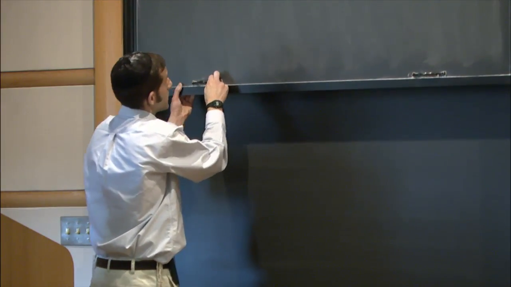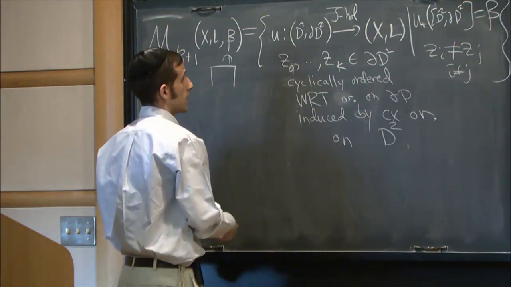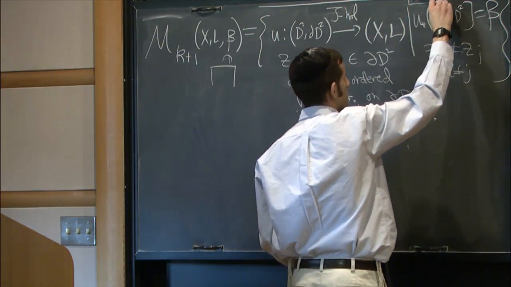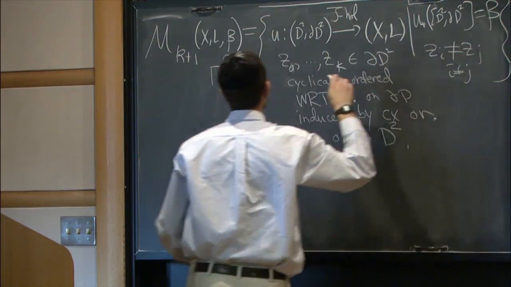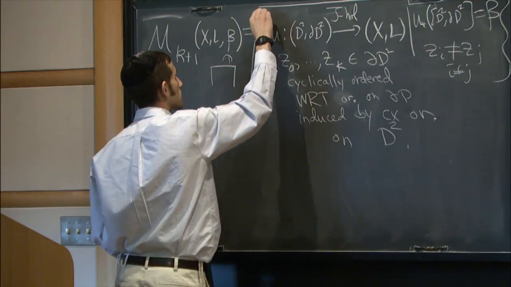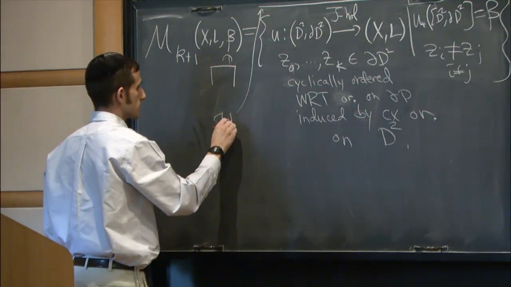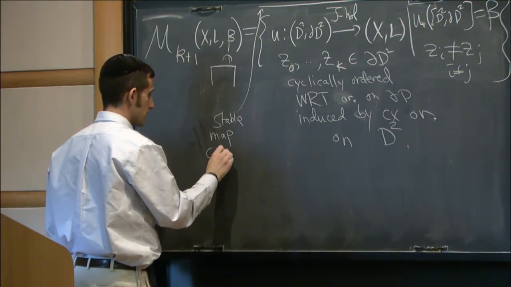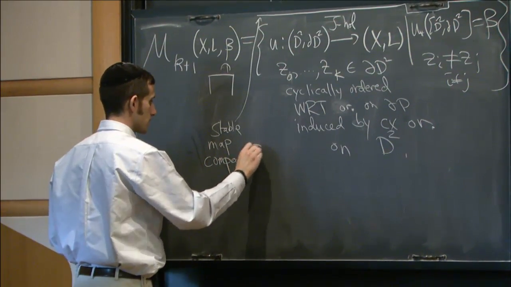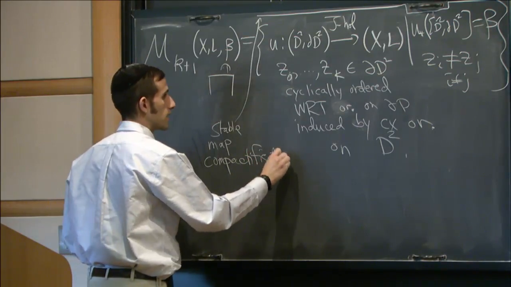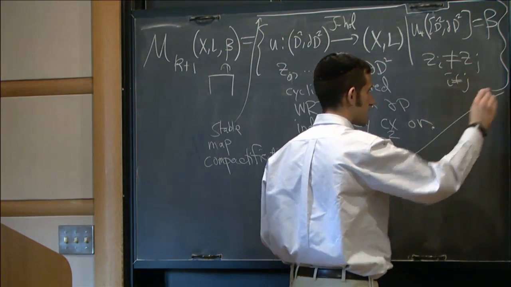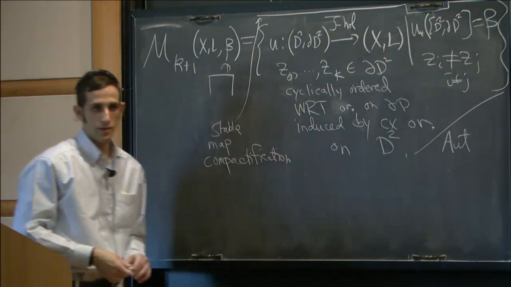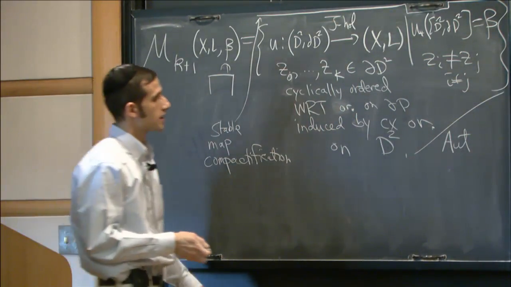Okay, and of course, we also want to take the stable map compactification of this. And I should have said also that we, of course, want to divide this out by automorphisms, which is going to just be PSL2R, basically.